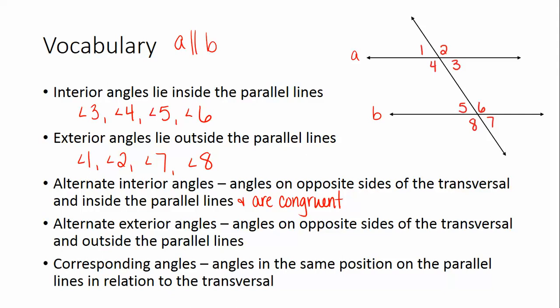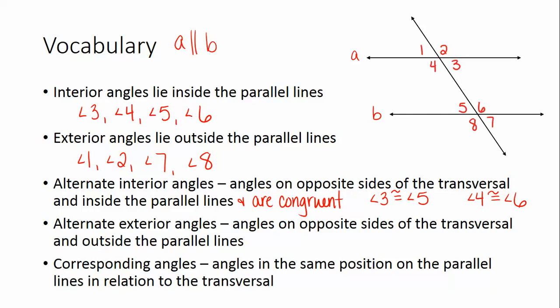So we're only talking about angles 3, 4, 5, and 6. But now we want the angles that are opposite of one another. So for example, angle 3 is going to be congruent to angle 5, and angle 4 is going to be congruent to angle 6. So notice how they are opposite from one another. Those are alternate interior angles.